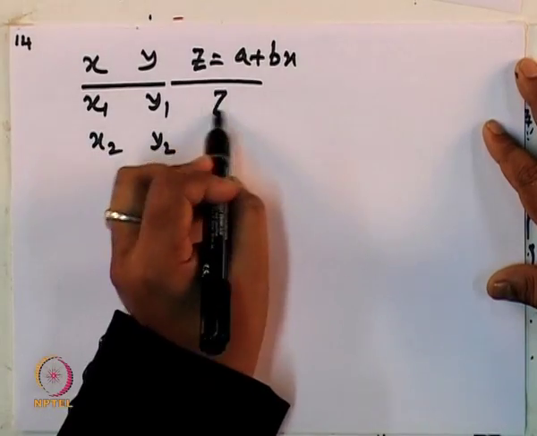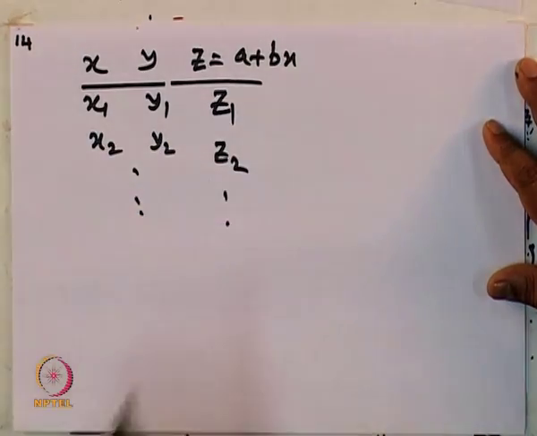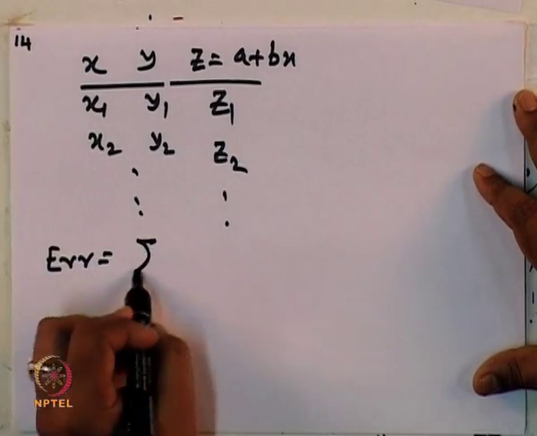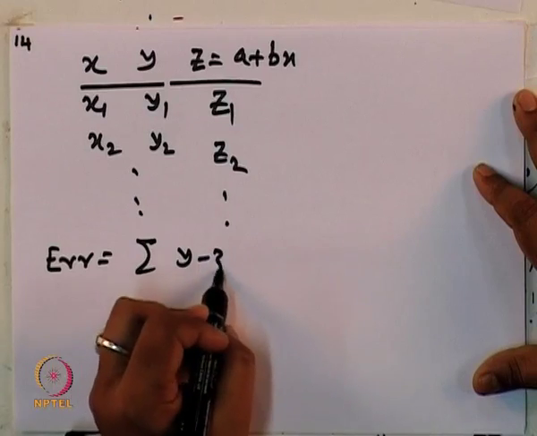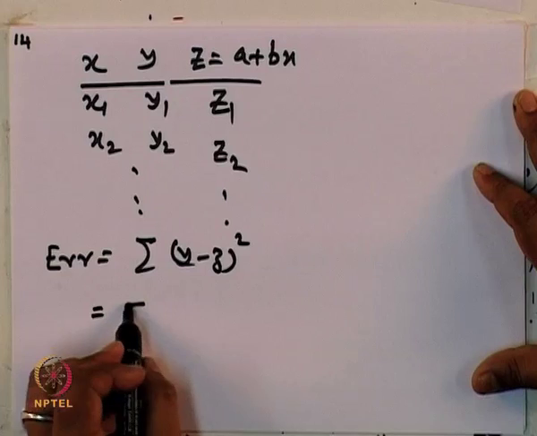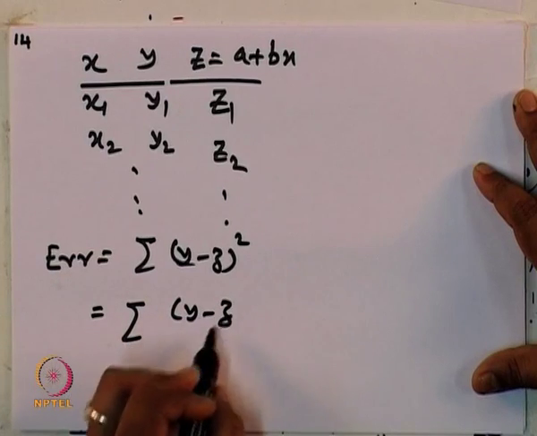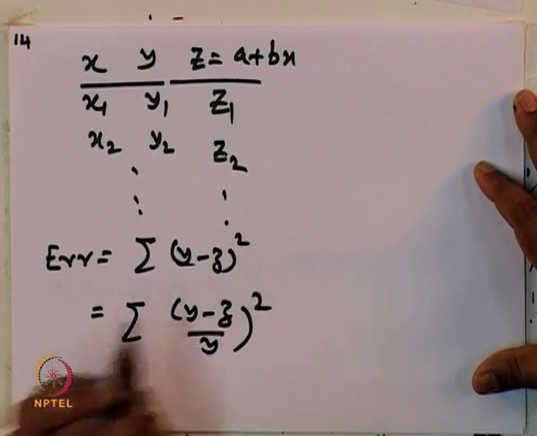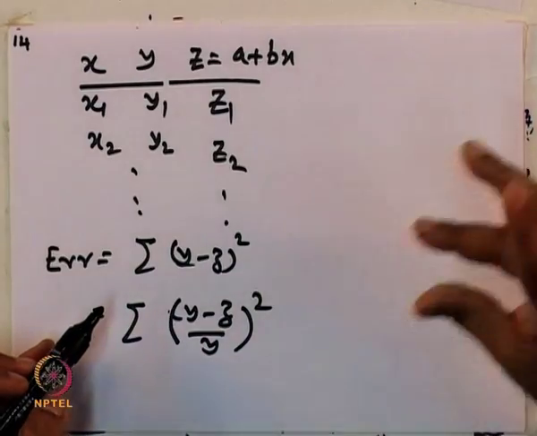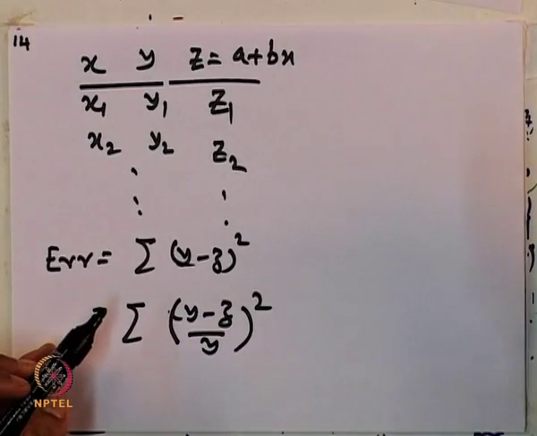You define z1, z2, z3, and so on and so forth. So, instead of defining your error as simply summation of y minus z whole square, you can define it as summation of y minus z normalized to y, whole square. So, what this will ensure is that it normalizes the magnitudes of the errors as well.